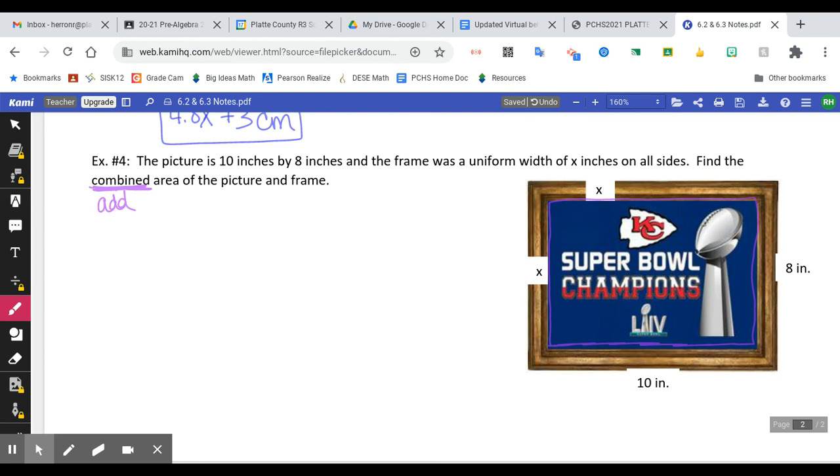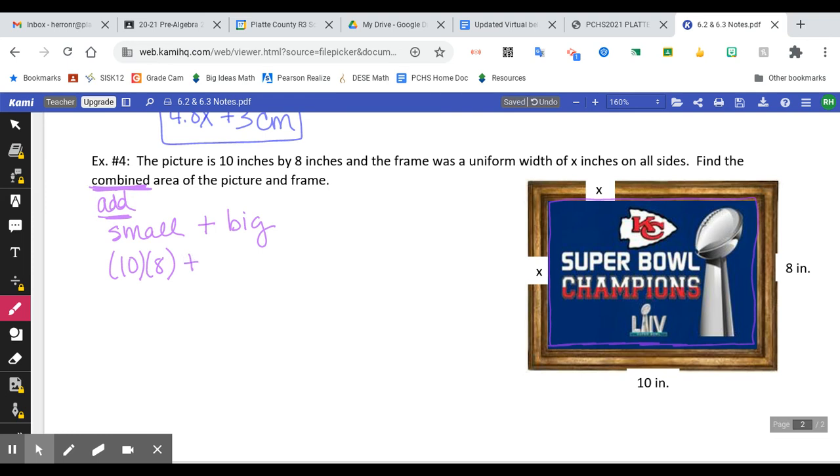So the area of the inside, the small, is 10 times 8. Now we're combining that with the frame, so plus the big.